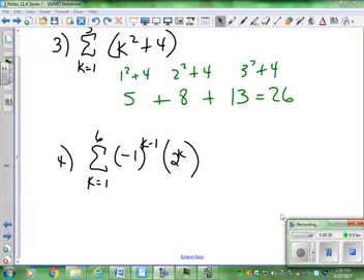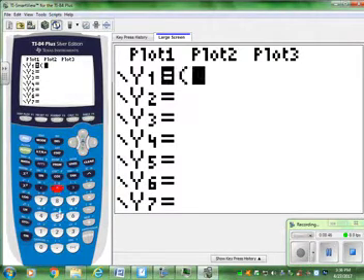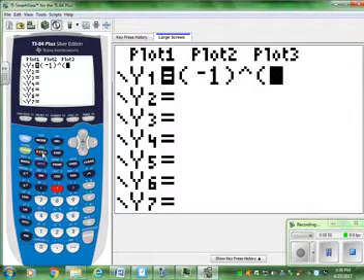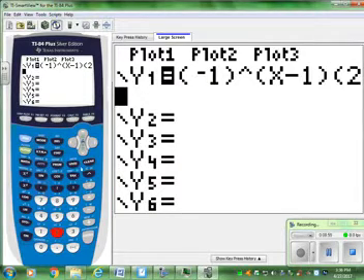All right, so now we're going to try to type this formula, negative 1 to the k minus 1 times 2 to the k power in our calculator. So we go over here to y equals. We type parentheses negative 1 parentheses to the parentheses x minus 1 power times parentheses 2 to the x power.